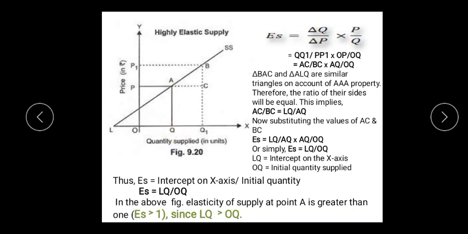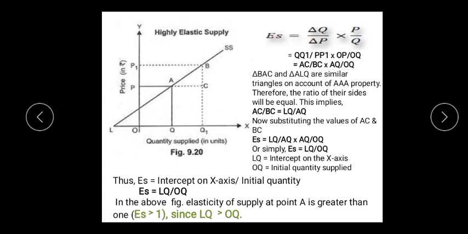Because triangle BAC and triangle ALQ are similar on account of AAA property, this means that the three pairs of corresponding sides are in the same proportion to each other, or we can say that the ratio of their sides are equal. This implies AC is equal to LQ and BC is equal to AQ.